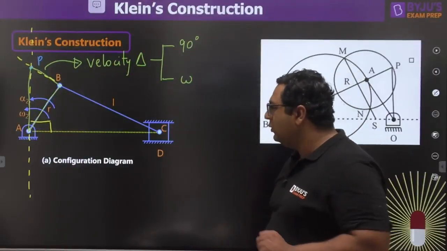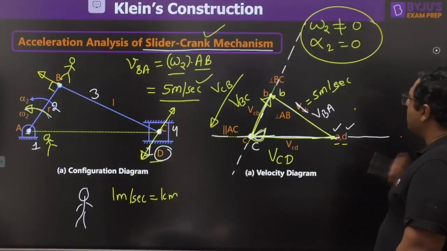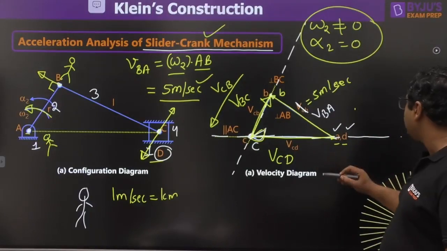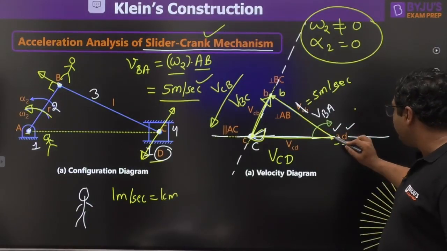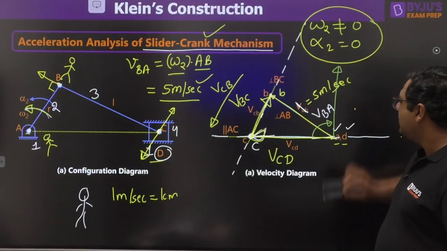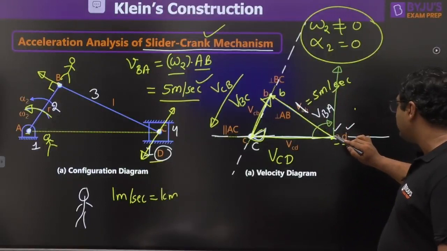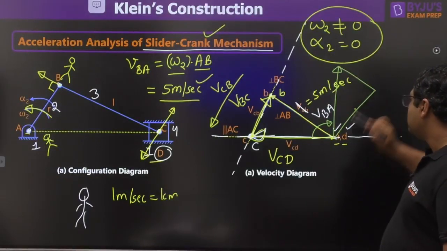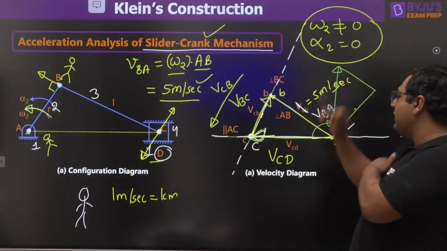In the previous case, what kind of diagram did you get from the normal rules? You got this diagram. If I just rotate this diagram by 90 degree, this will come straight like this. And when this is coming 90 degree, this will also become like this, and this will become like this. So the same diagram will look like this if I rotate it by 90 degree.